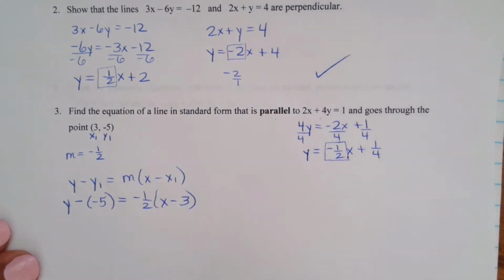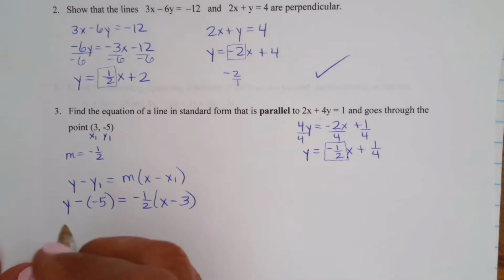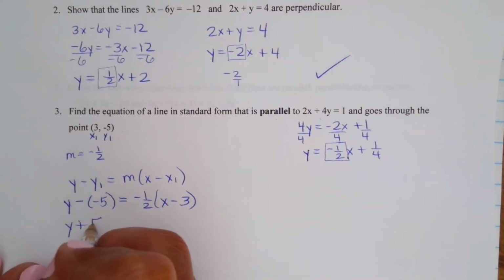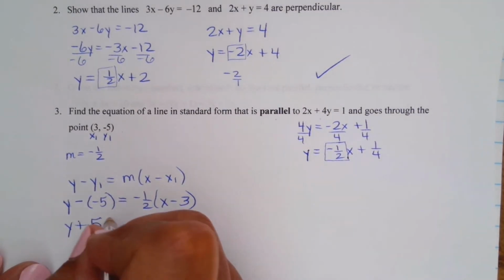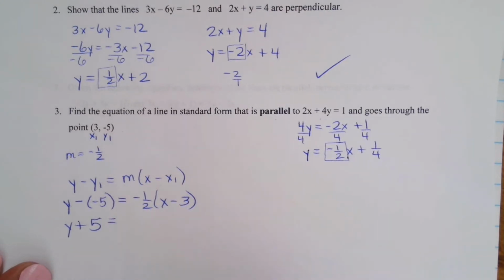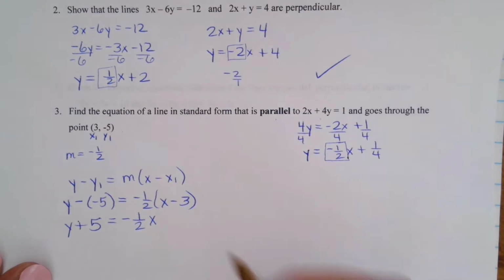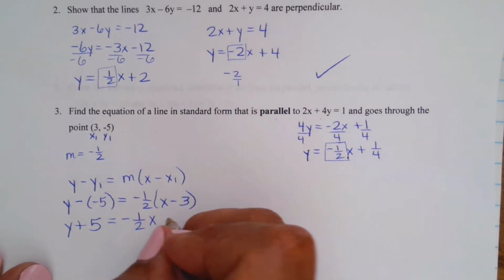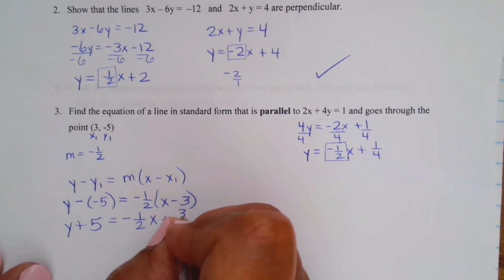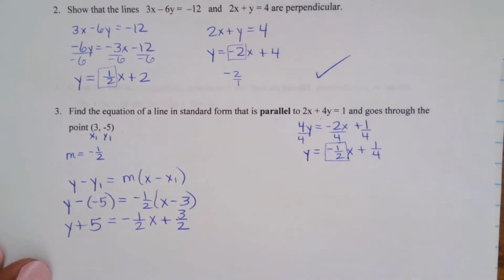All right, so let's put this in standard form. So this side will be y plus 5, right? Minus a negative is positive. Let's distribute the -1/2 through. So -1/2 times x is -1/2 x. -1/2 times -3 is a positive 3/2. Since we have fractions, we got to get rid of fractions for standard form.